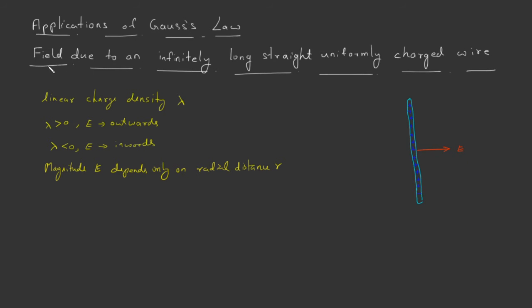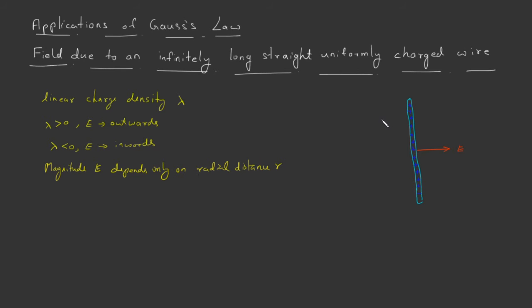Now our aim here is to find the electric field at distance r due to this infinitely long straight uniformly charged wire. For that we are going to apply Gauss's law. To apply Gauss's law we need to consider a Gaussian surface.